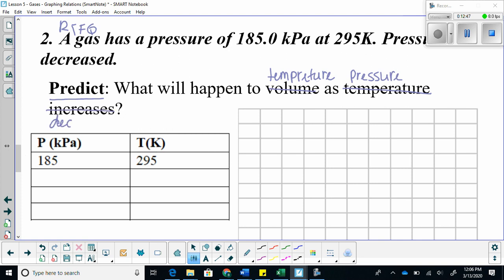As pressure decreases. All right, we're going to just change that whole statement. So we're going to say what will happen to temperature as pressure decreases. Oh, yours is right? Mine's wrong?